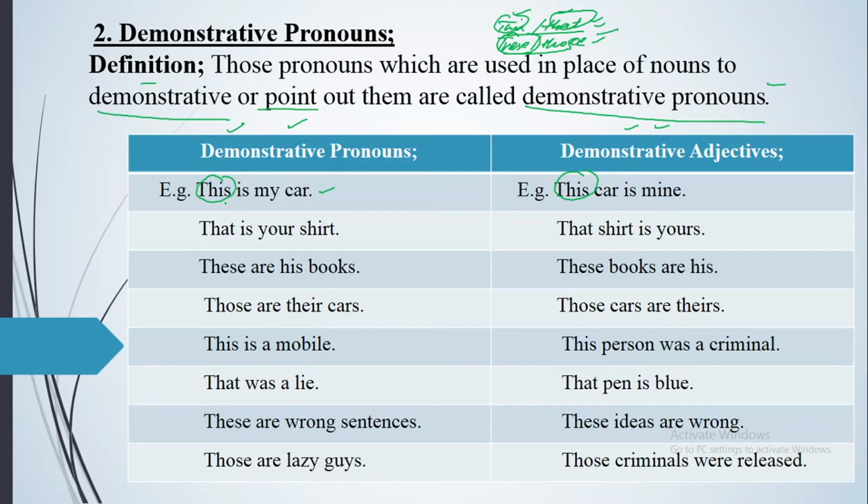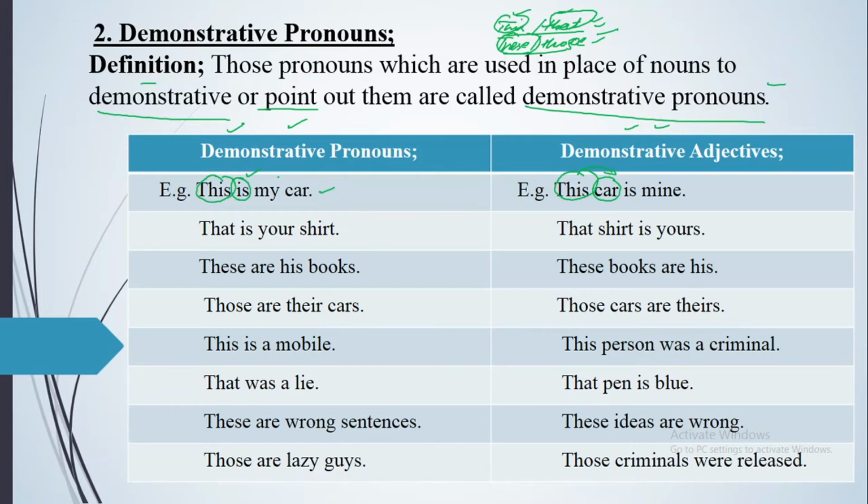The first way you can recognize: after this, that, these, those, if be forms come, is, are, then they are used as demonstrative pronouns. And if after them a noun comes, because an adjective adds something in the meaning of the noun, then it is used as an adjective. This is the first difference.